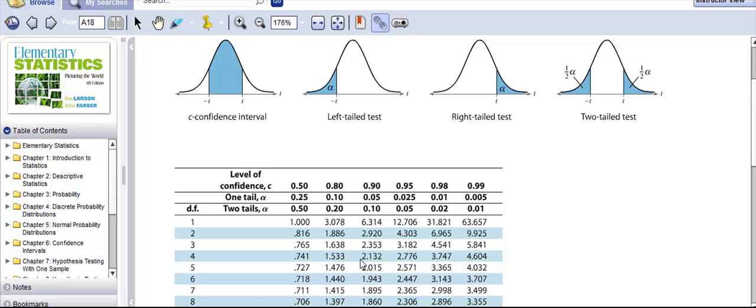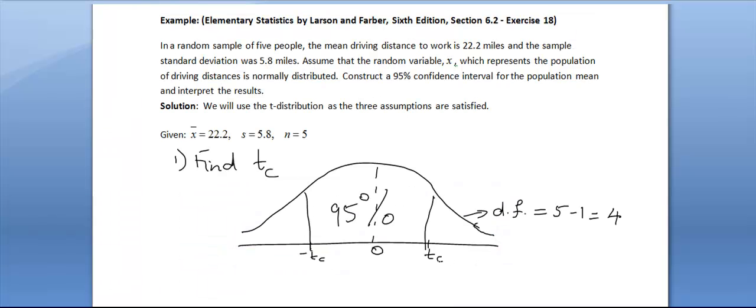So across 4 and under 0.95 we see 2.776. So that is the number we will be using as the TC value. So TC in this case is equal to 2.776.